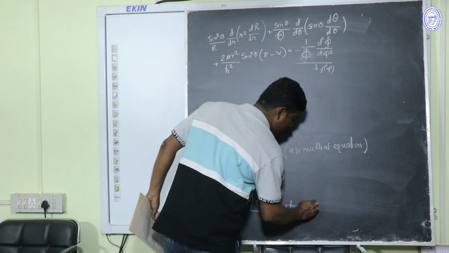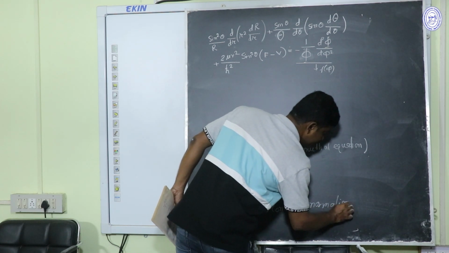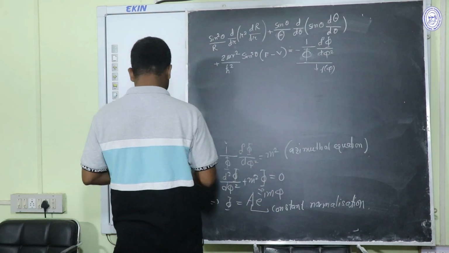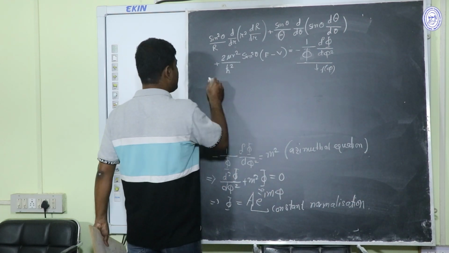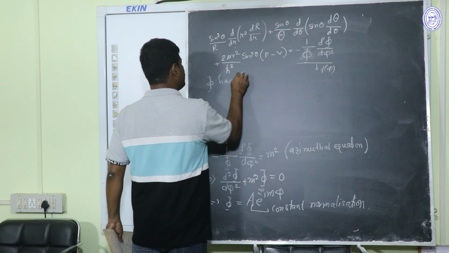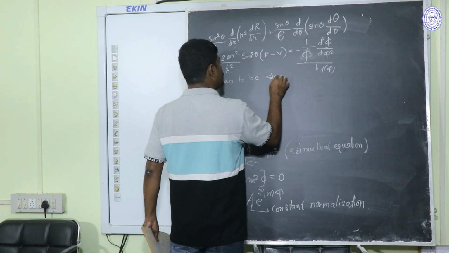This constant is called the normalization constant. And Φ has to be single valued.